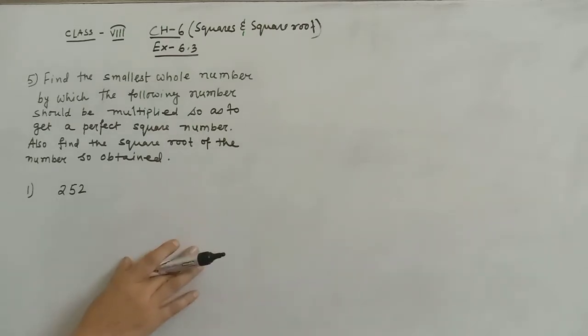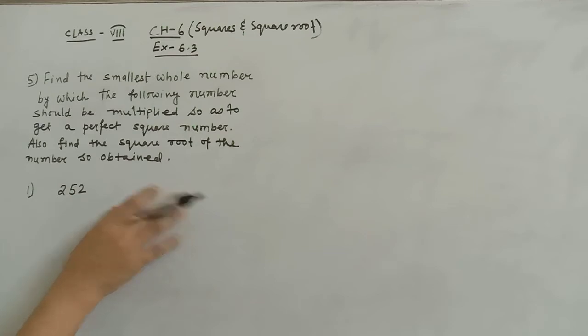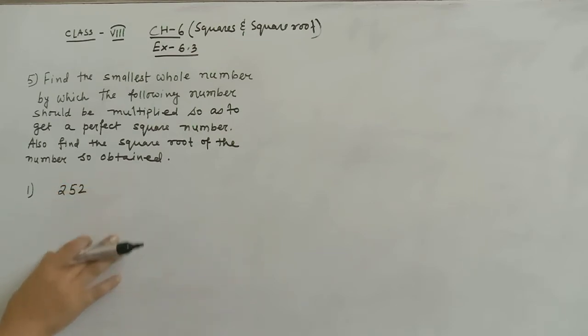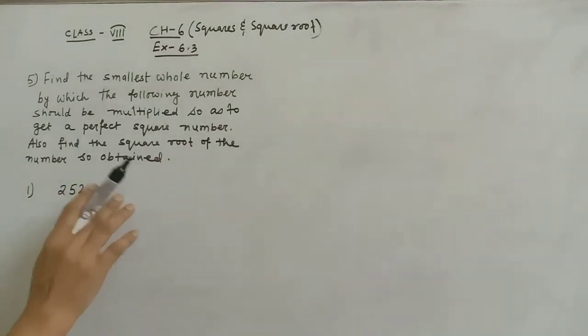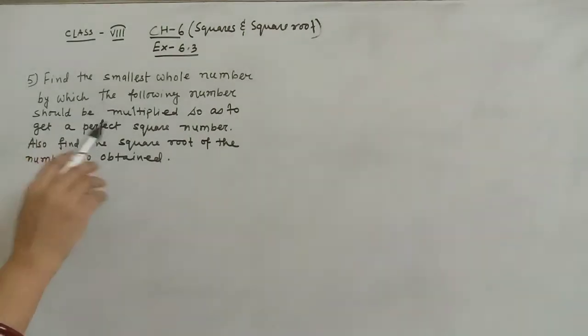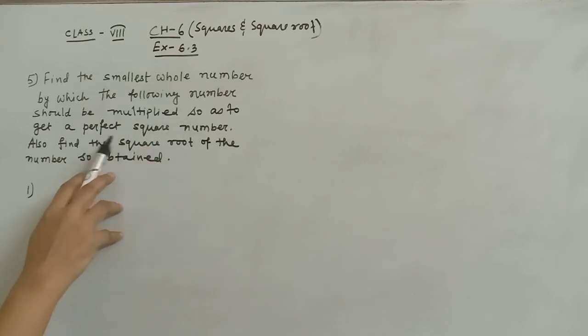You have to find the prime factorization of the numbers. After finding the prime factors, you find the pairs of the prime factors. You can find that one number may not be paired. In this way, you have to find by which number it should be multiplied so as to get a perfect square number.